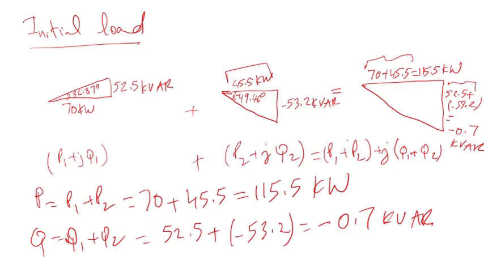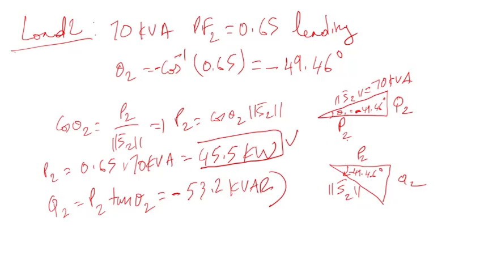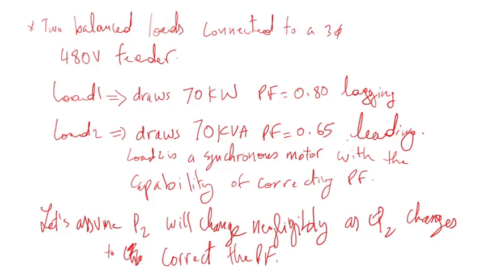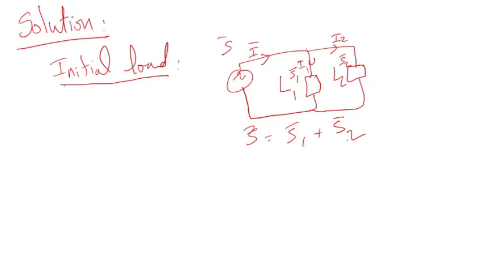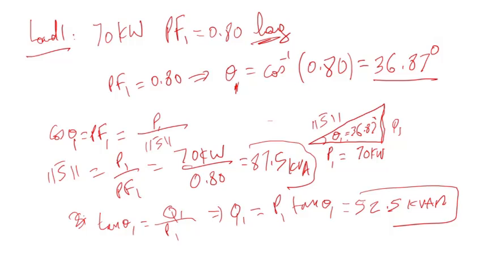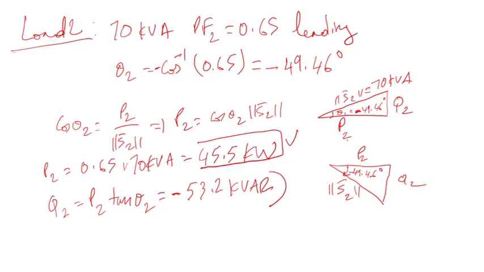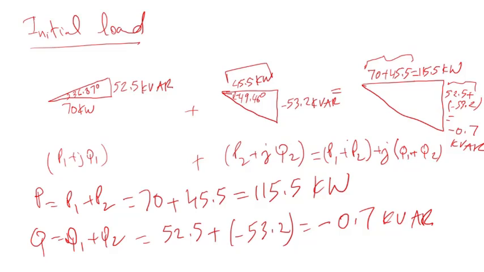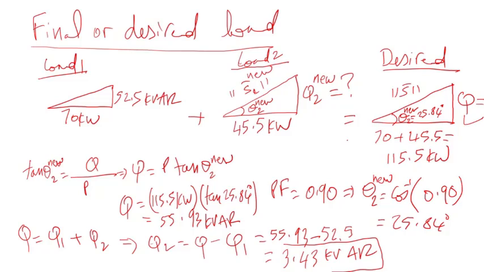So really, using the power triangles is a powerful tool in solving power and power factor correction problems. If you go through, you can see how I started from the problem statement. I started calculating the initial loads, load 1, load 2, then I combined them to get the total load or the total power. Then I did the same thing for the final or desired load, basically the desired power factor.